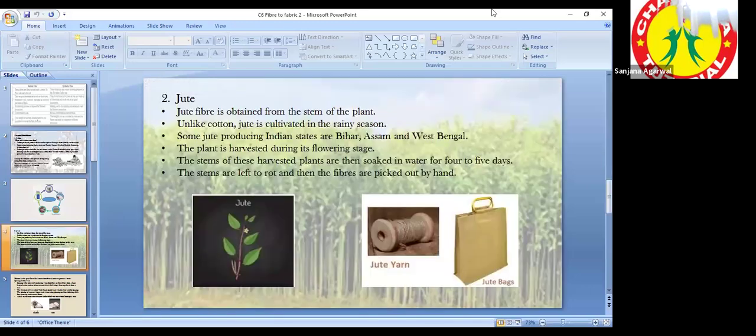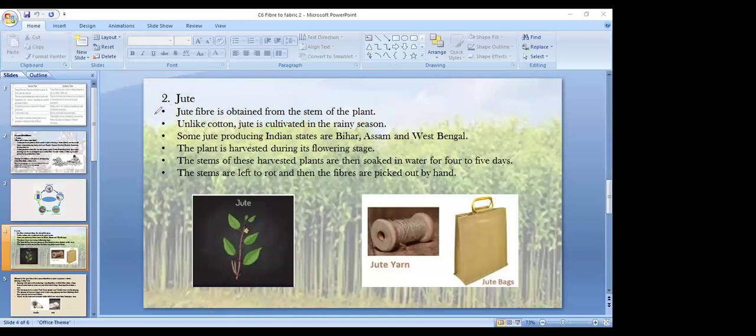Let's read something about jute also. Who's going to read? Jute fiber is obtained from the stem of the plant. Unlike cotton, jute is cultivated in the rainy seasons.